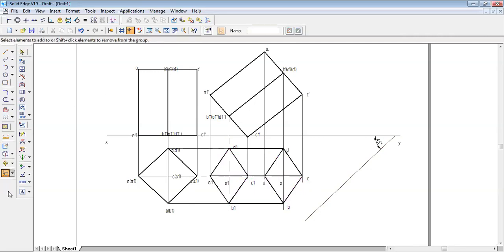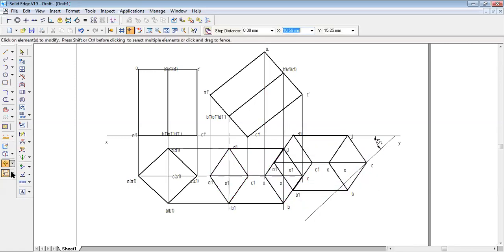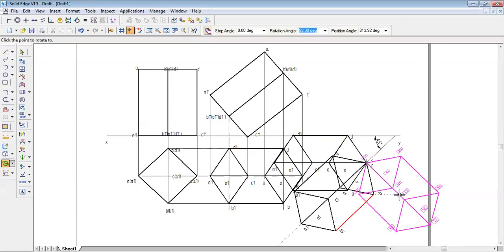Group everything here. Then take move this one. A copy should remain it. Place it here like this. Then rotate with respect to this one. Okay.